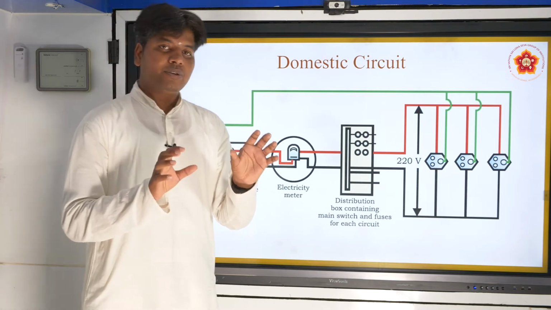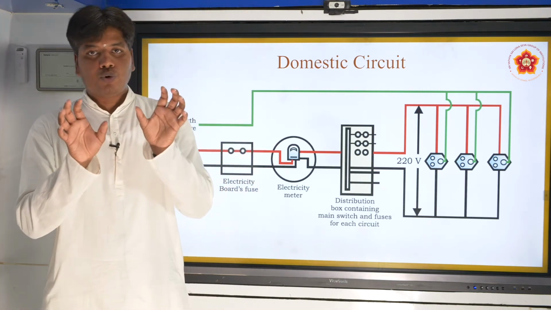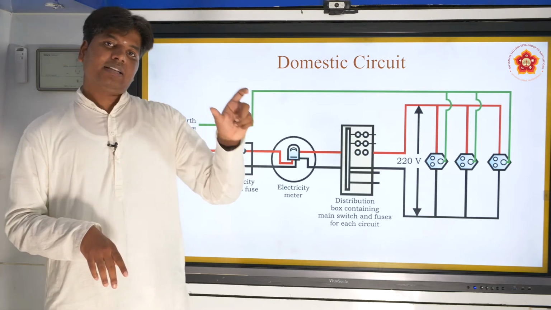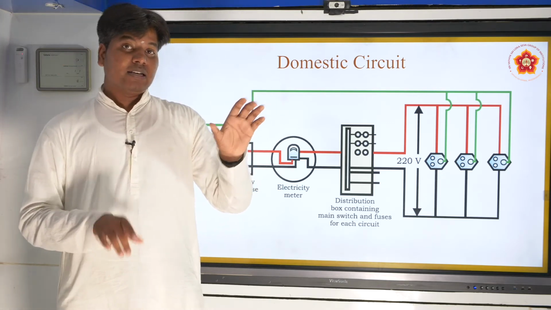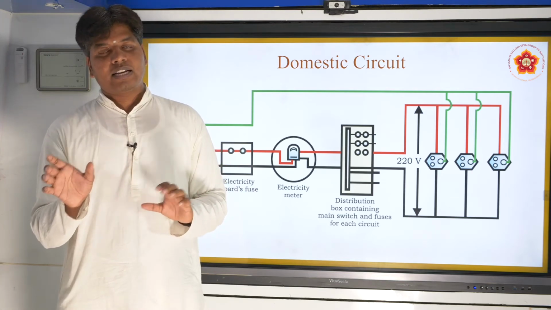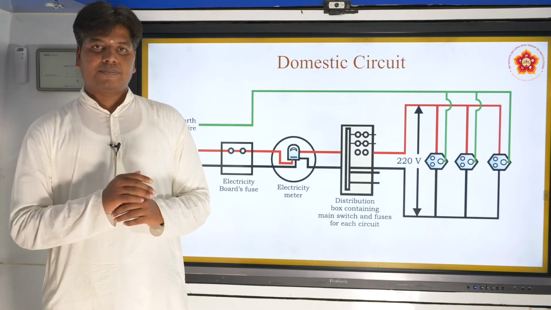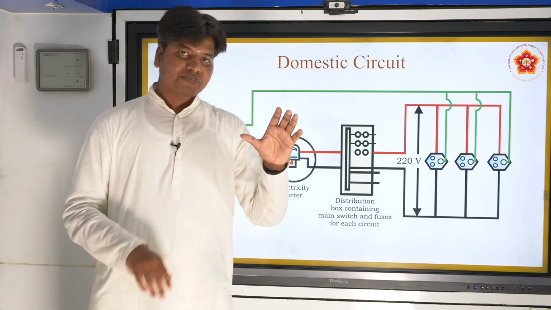So we generally have two types of circuits. One is for high power rating devices, and second is for relatively low power rating devices like bulbs, fans, etc.